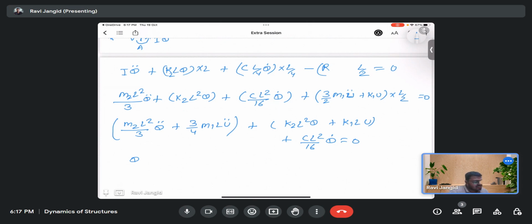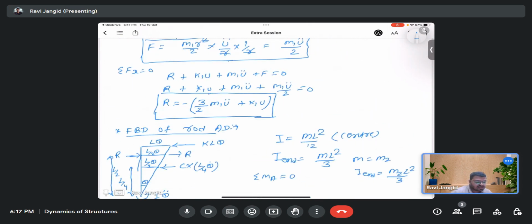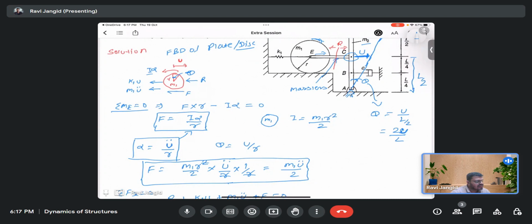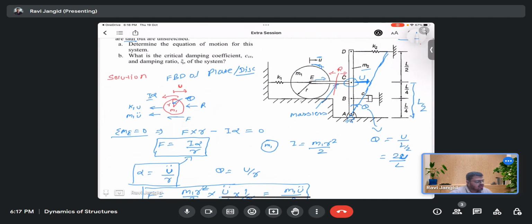So now we can replace theta. Our u here, what was it? We need to replace theta with u. We have to find the relation between this particular u and that theta.